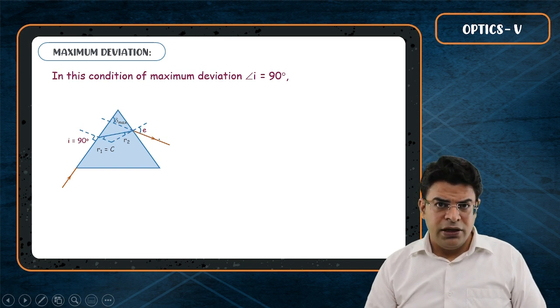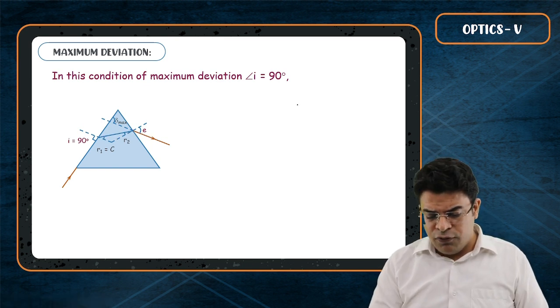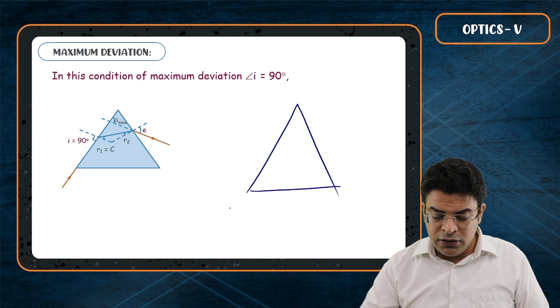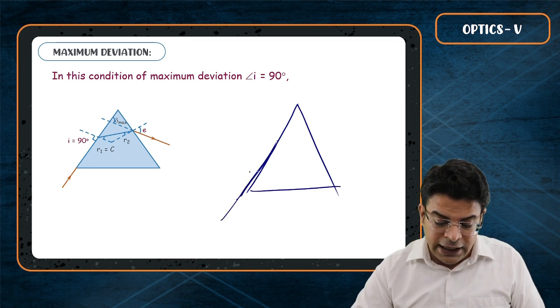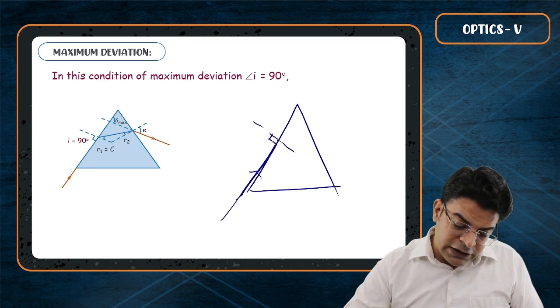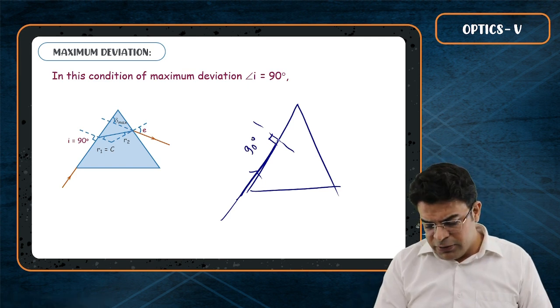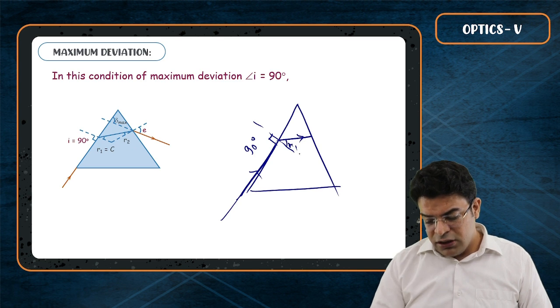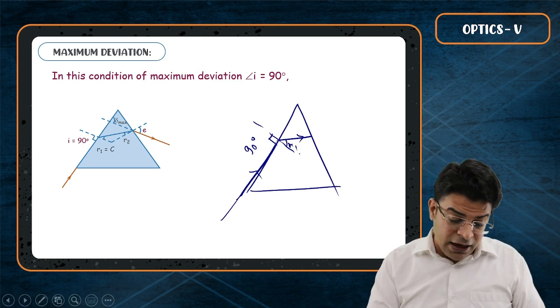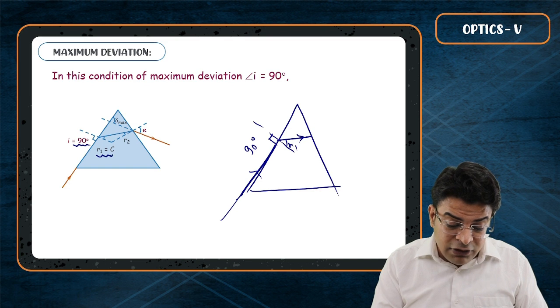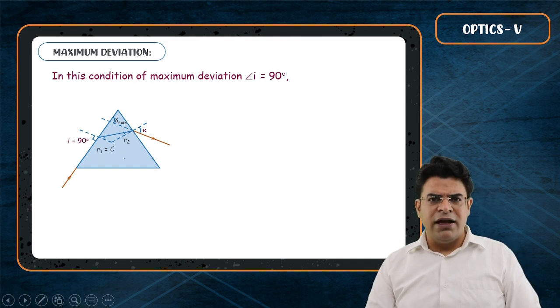Can you tell me what will be the value of R1 if you hit the ray of light at grazing angle? That is, the angle of incidence is 90 degrees. Sir, for such a condition, R1 has to be equal to C. Why?